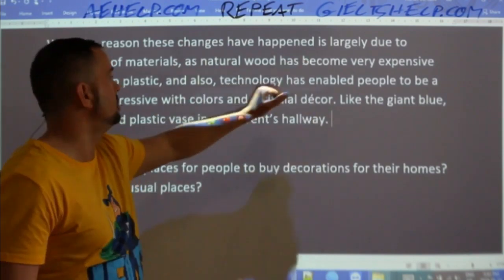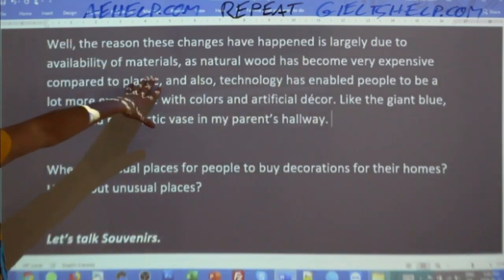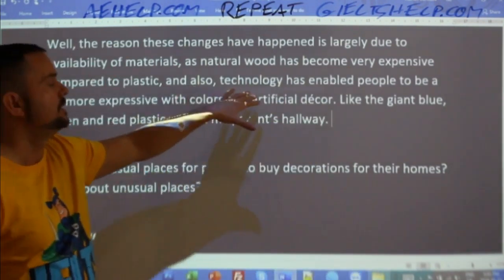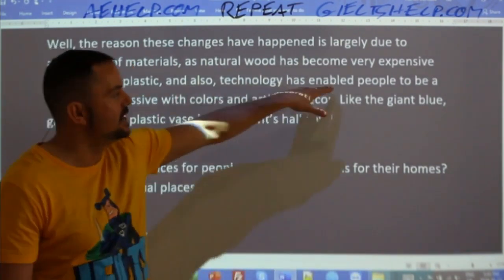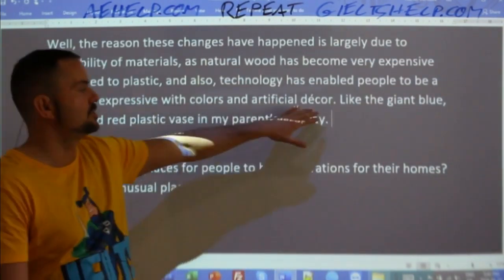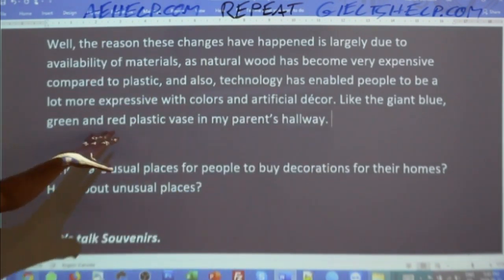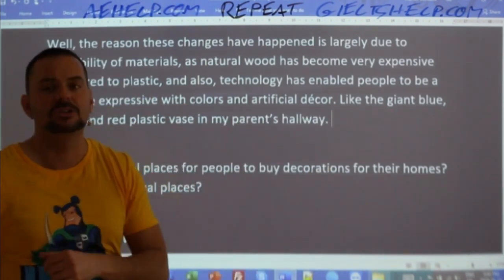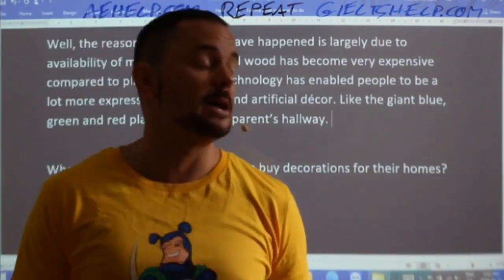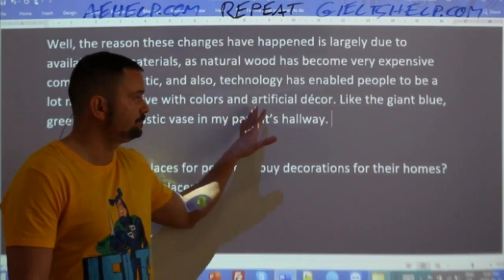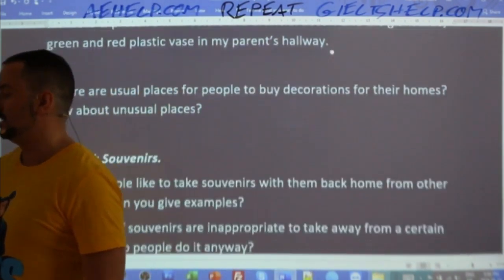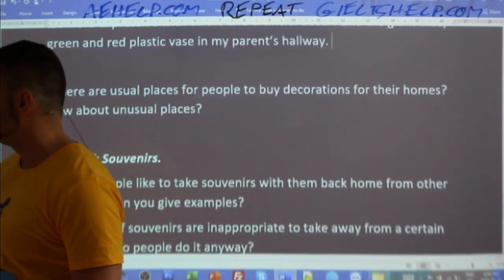And also, technology has enabled, look at that, another present perfect, people to be a lot more expressive with colors and artificial decor, like the giant blue, green, and red plastic vase in my parents' hallway. Okay, so again, that smooth flowing example, and using that present perfect. Okay, all right. Next question.